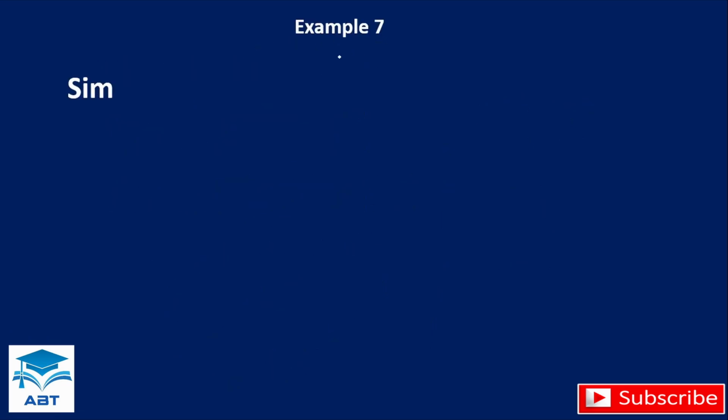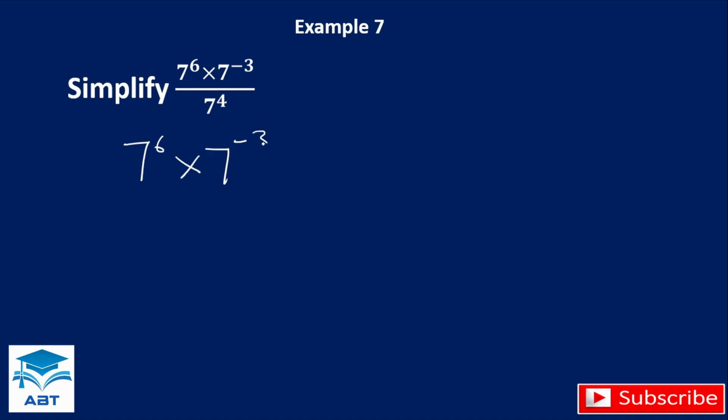Example 7. Simplify 7 exponent 6 times 7 exponent negative 3, all divided by 7 exponent 4. We have 7 exponent 6 times 7 exponent negative 3 all over 7 exponent 4.